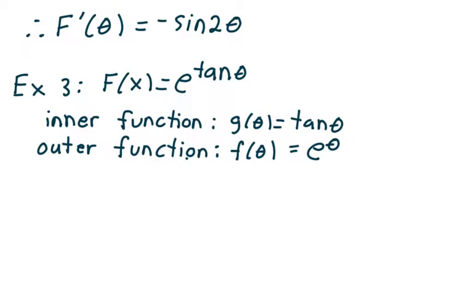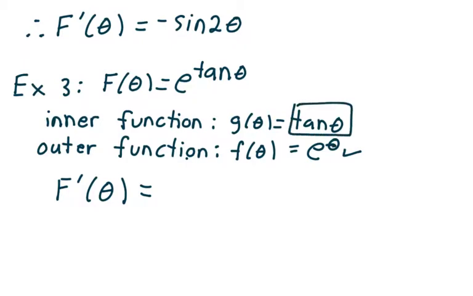Okay? Oh, and let me make sure that that matches. So we should call that f of theta, by the way. So F prime of theta. Now, the derivative of e to the theta is e to the theta. So we're going to take the derivative of the outside function, but we're going to evaluate it at tangent theta. So instead of writing a theta, we're going to write e to the tangent theta.